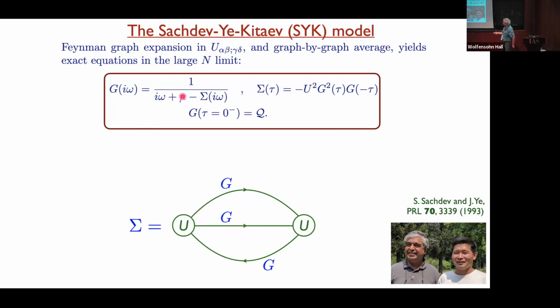But from this equation, you see that if there's any gap in sigma, if sigma becomes imaginary, then immediately G becomes imaginary. The gap in G and the gap in sigma can't be different because they both become imaginary along the real axis at the same time. So the only possibility is that the gap is infinity or the gap is 0. Gap is infinity means there's nothing, but maybe that's the only answer. But if the gap is 0, well, there's a gapless solution.